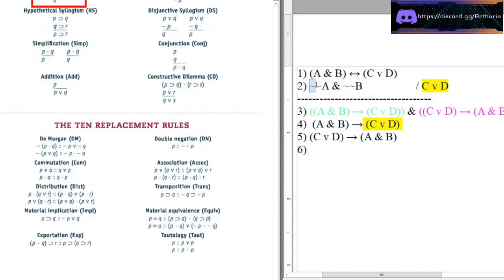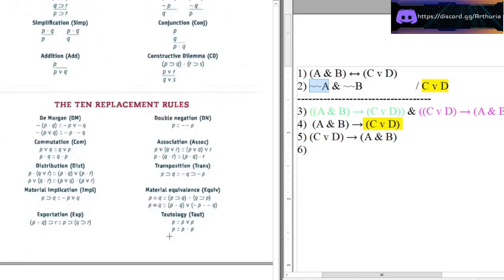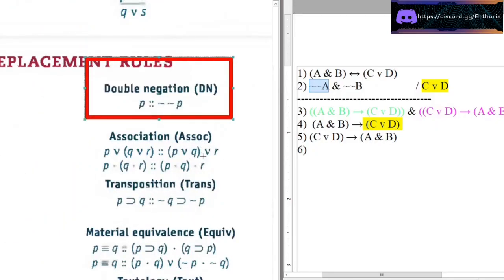What is not not A? Isn't that A? It's double negation. Yeah, it's A. Double negation lets us take anything that looks like this with two nots and take them away.